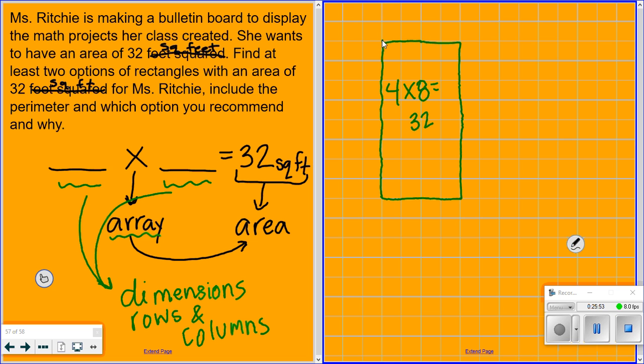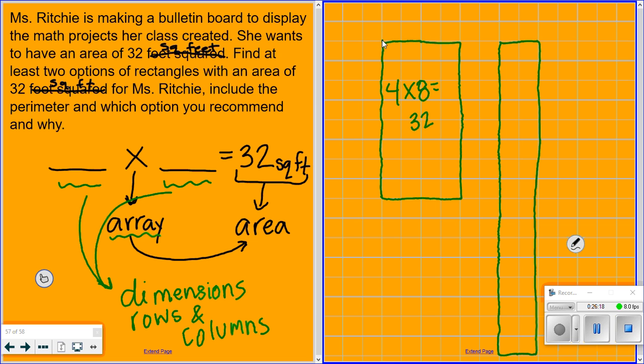It's really 2 by 16. 1, 2, 3, 4, 5, 6, 7, 8, 9, 10, 11, 12, 13, 14, 15, 16. Because I know that 2 groups of 16 will equal 32.